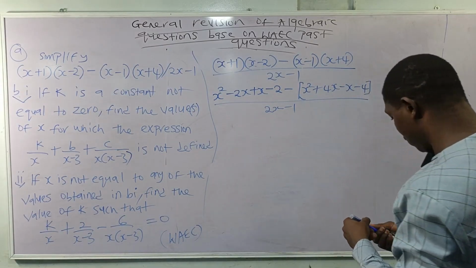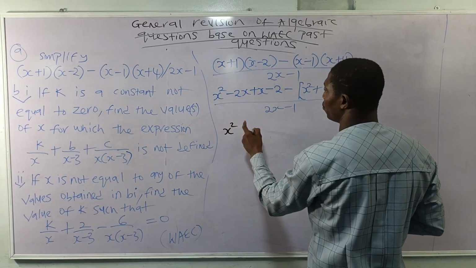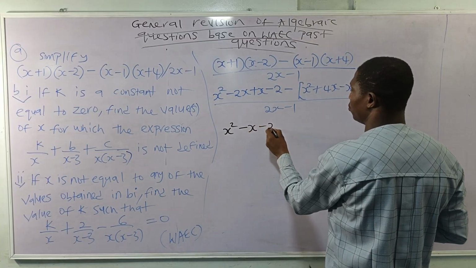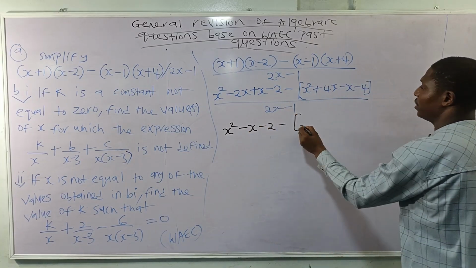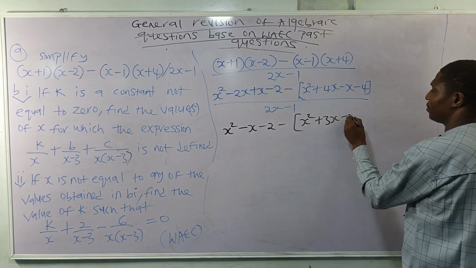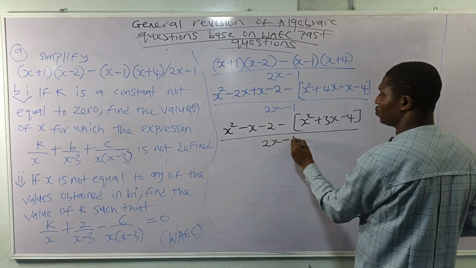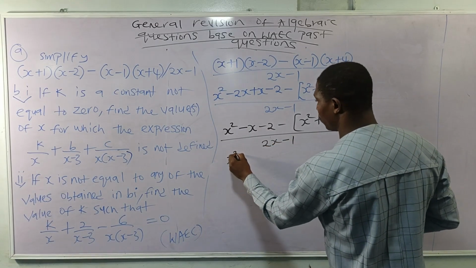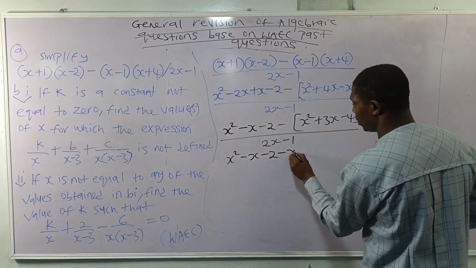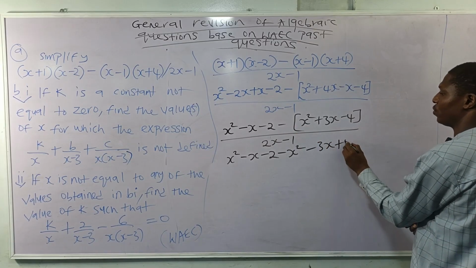Now, this will give me x squared, minus 2x plus x will give me minus x, minus 2, minus, in brackets, this will give me x squared. 4x minus x will give me 3x. So I have plus 3x minus 4. Close brackets. All over 2x - 1. So I have x squared minus x minus 2, minus times invisible plus is minus x squared, minus times plus is minus 3x, minus times minus is plus 4.